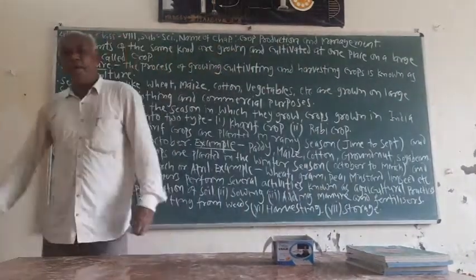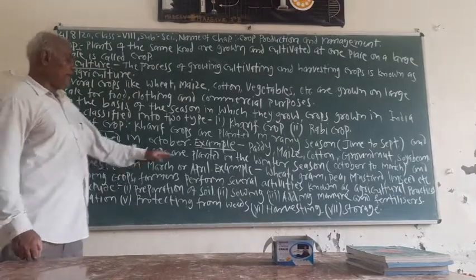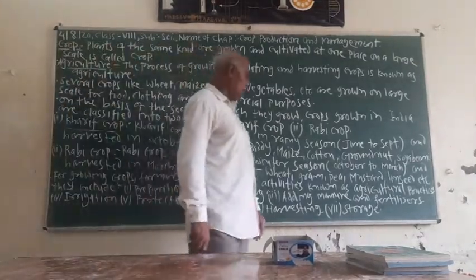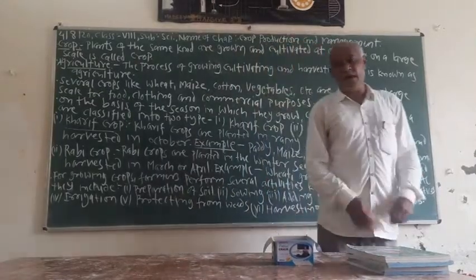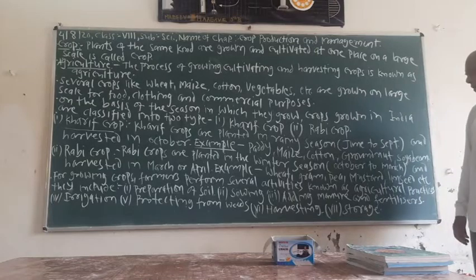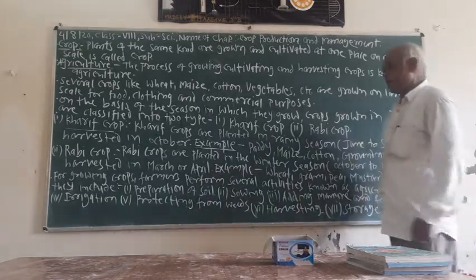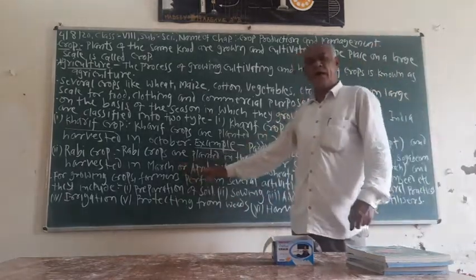Another type of crop is Rabi crop. The Rabi crops are planted in the winter season. The winter season in India is generally from the month of October to March, and the crops are harvested in March or April.